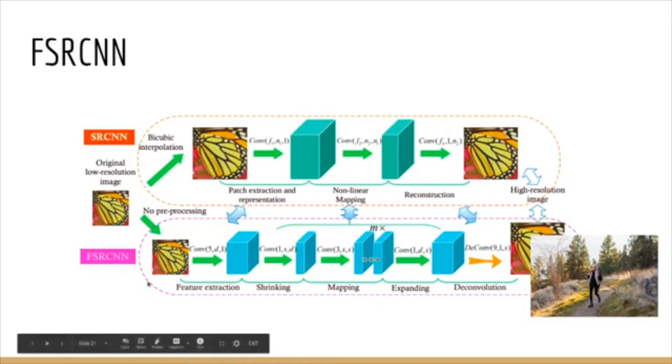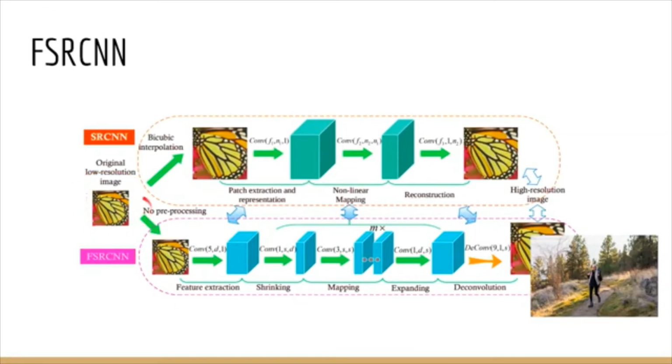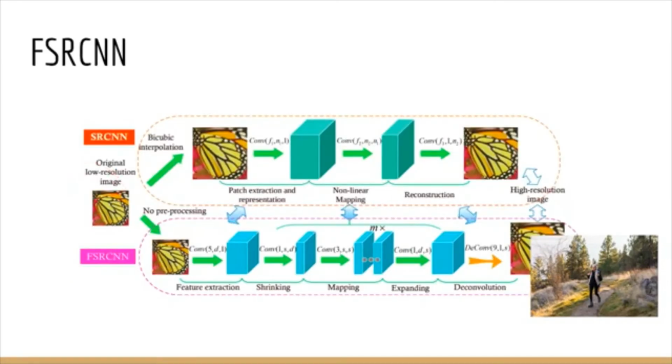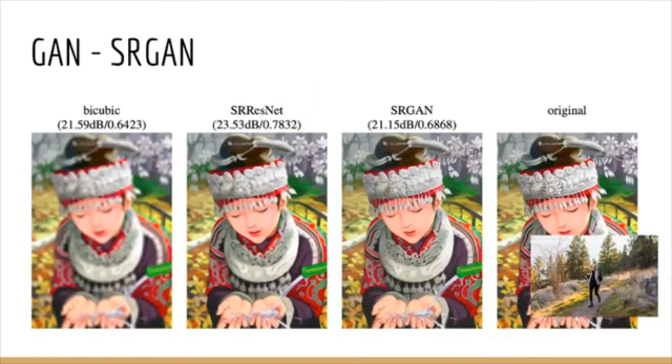In SRCNN and FSRCNN, what you can do is directly compare the original high resolution image and the output high resolution image, and the mean difference between them is considered to be the loss. In case of GANs, you cannot directly apply that approach. You would have to do more of a zero sum game.